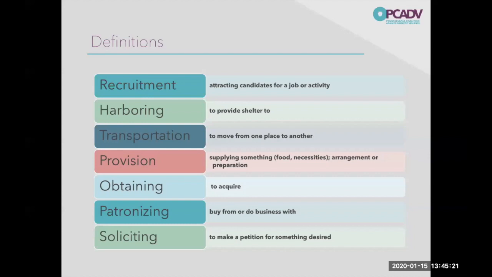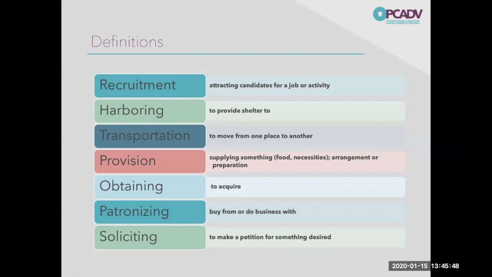There's a link for the Villanova Law Institute, the Commercial Sexual Exploitation Institute, at the end of this webinar. If you want a more direct and succinct legal definition explanation, I recommend that you contact them and they can do a much better job than I did here. But for the purposes of breaking down those definitions, I think it's important to have a blanket idea of what we're talking about.